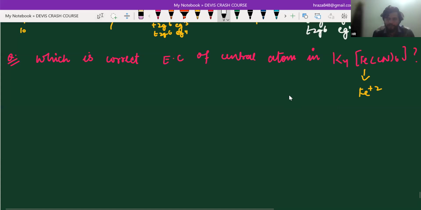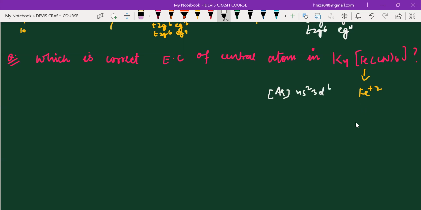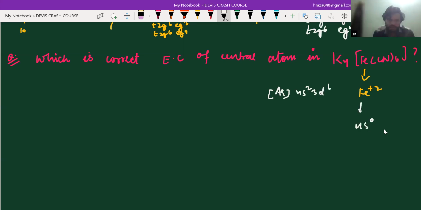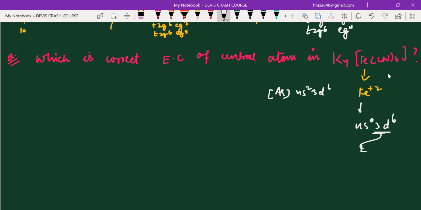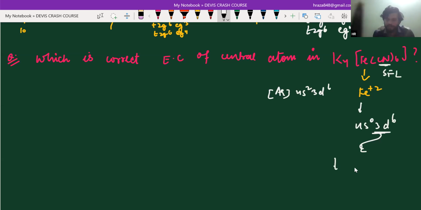As we know, for Fe, it will be argon 4s2 3d6, right? So for Fe plus 2, it will be 4s0 3d6. For 3d6, since it is a strong field ligand, it will be paired up. So it will be T2G6 and EG0. Very good.